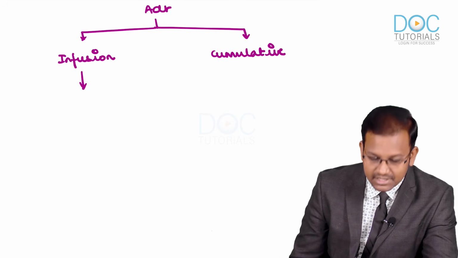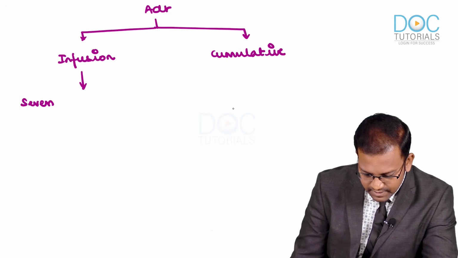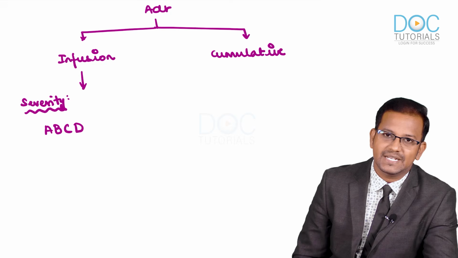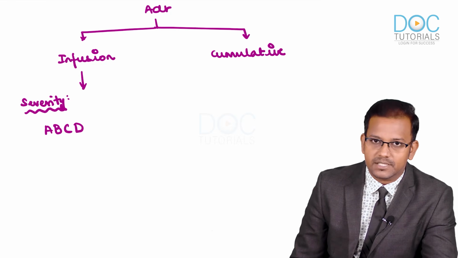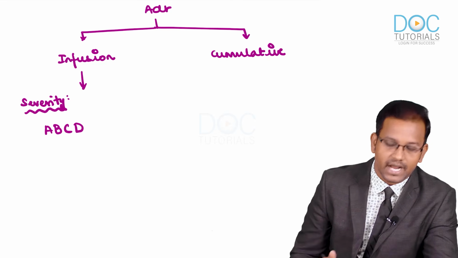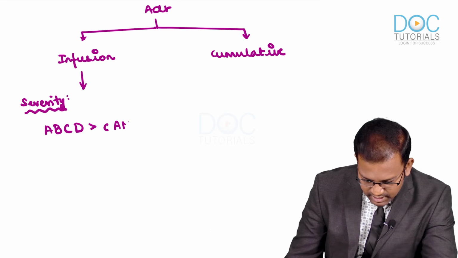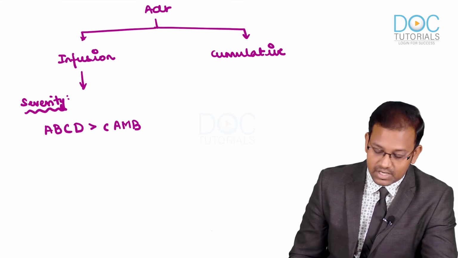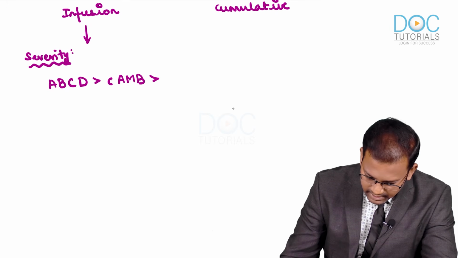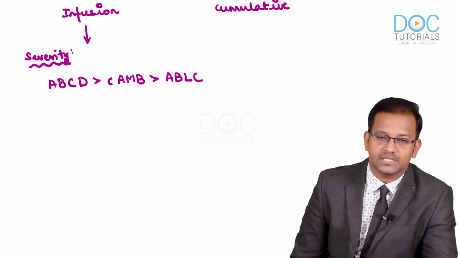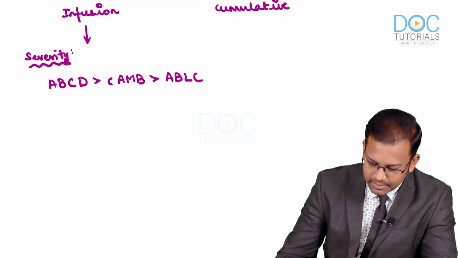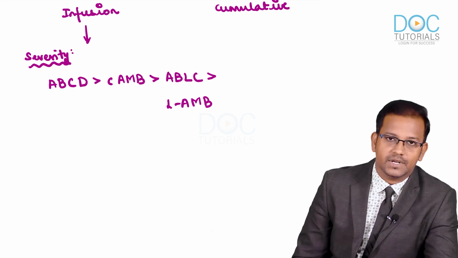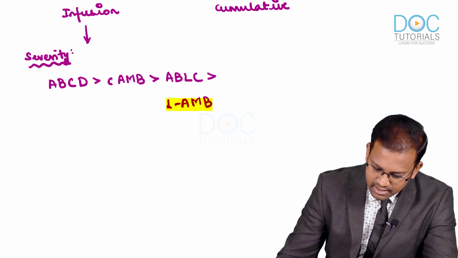As far as infusion related reactions are concerned, which is more severe? As per severity, amphotericin B in colloidal dispersion, ABCD, causes the most infusion related reactions, followed by conventional amphotericin B, the same sodium deoxycholate formulation, followed by amphotericin B in lipid complex, ABLC, followed by liposomal amphotericin B. So which causes the least infusion related reactions, guys?